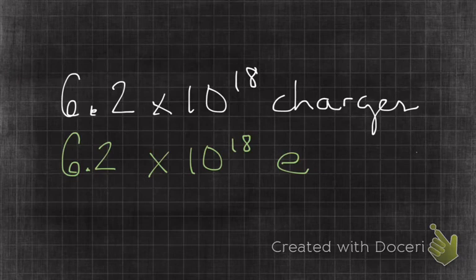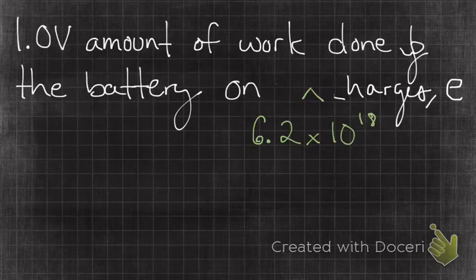In fact, we rarely actually ever write this number. There's another quantity, another way to say 6.2 times 10 to the 18 charges, but we're not going to use it in this lecture. So, 1 volt is the amount of work done by the battery on 6.2 times 10 to the 18 charges.